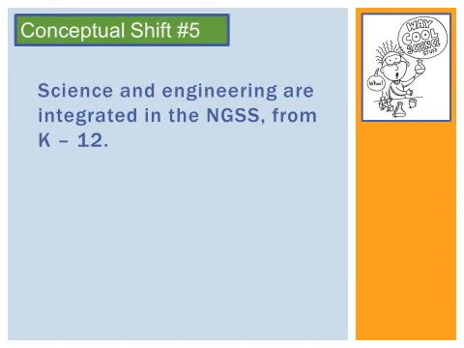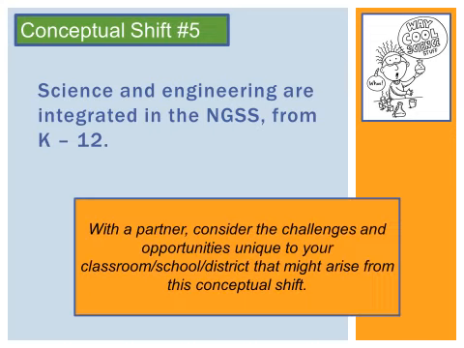And so that brings us to conceptual shift number 5. Science and engineering are integrated in the NGSS from K to 12. Again, take some time to consider the challenges and opportunities that are unique to your situation, and press pause while you complete this activity.